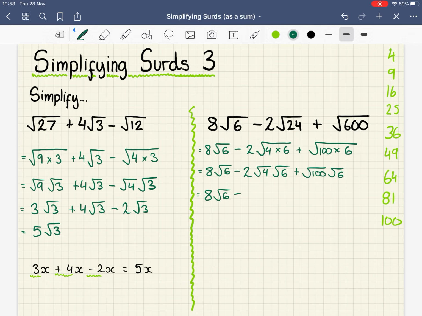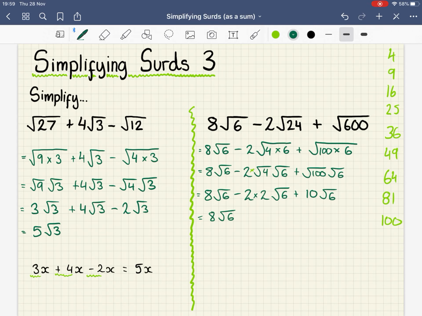So we've now got 8 root 6, take away 2. Now remember, when these things are right next to each other, that means they are multiplying together. So that's now going to be minus 2 times 2, because the square root of 4 is 2. That root 6 is still there, and that will become 10 root 6.